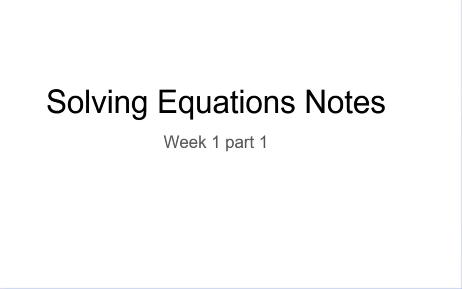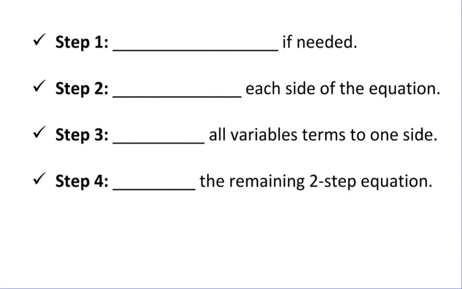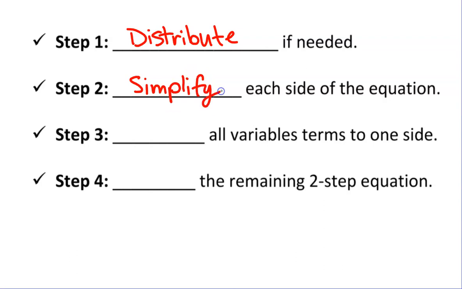So, solving equations. Let's remember what that is. There are 4 different steps that we need to follow each time. Step 1, we're going to need to distribute anything if it's possible, if it's needed. Step 2, we're going to simplify each side of my equation.